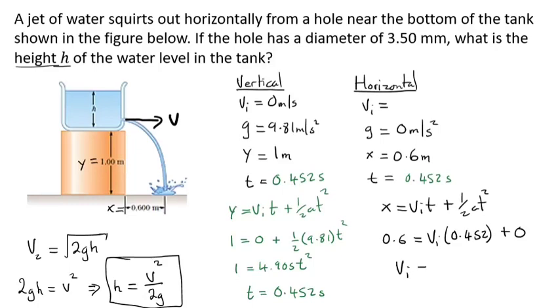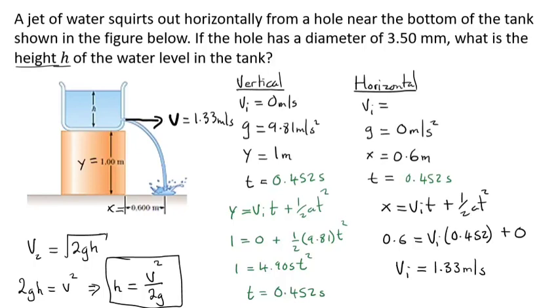So the initial velocity in the horizontal, we're going to say 0.6 divided by 0.452. This gives us 1.33. So the velocity is 1.33 meters per second. So this is the value that we have here, 1.33 meters per second.